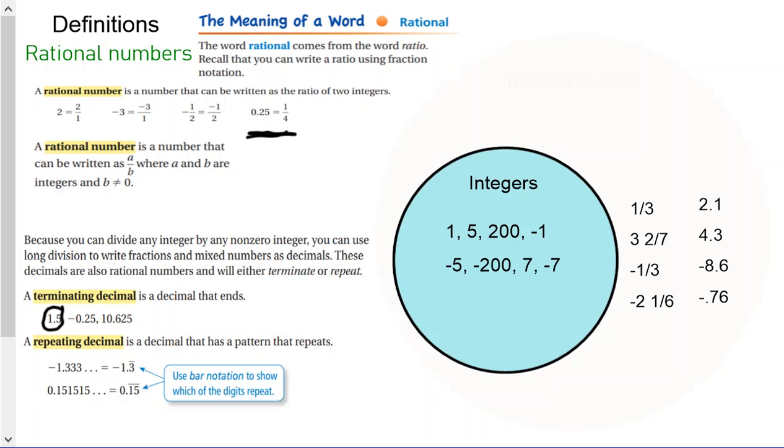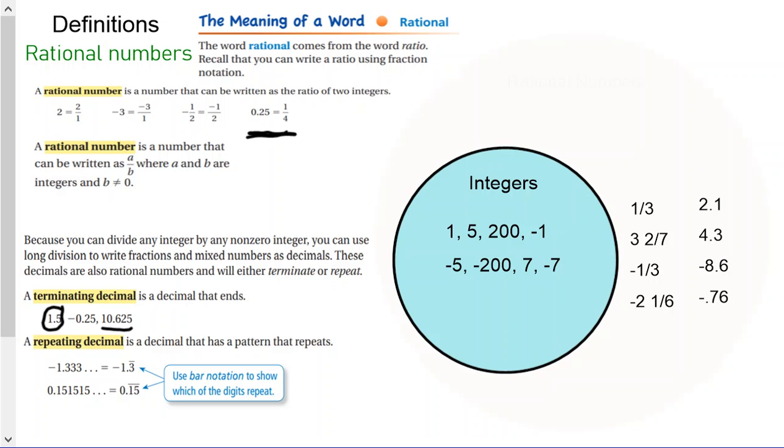There's no more decimal numbers after that. Or if we have 10.625, that's the ending of the decimal. There's no continuation after that.